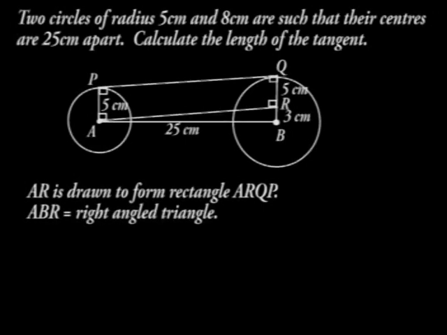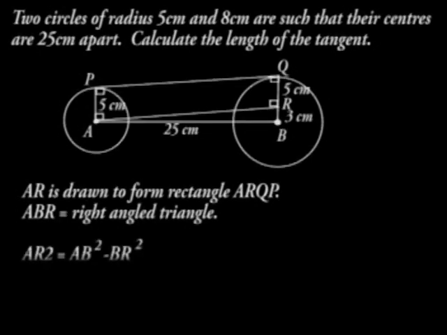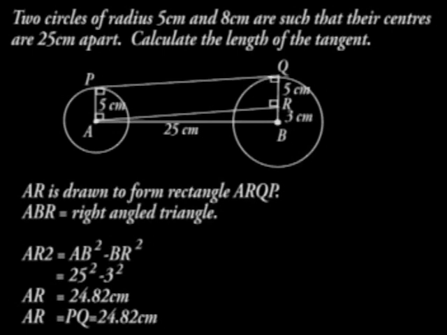ABR is a right-angled triangle. By Pythagoras theorem, AR squared is equal to AB squared minus BR squared, that is 25 squared minus 3 squared, and AR is 24.82 centimeters. AR is also equal to PQ, which is equal to 24.82 centimeters.